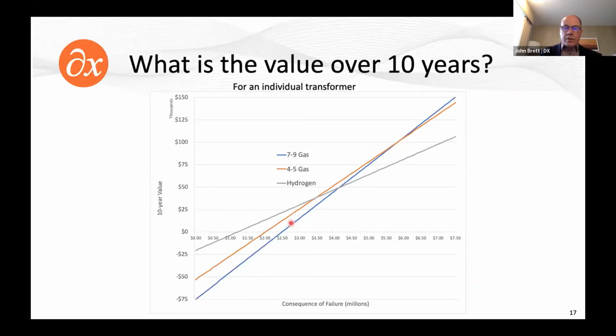The multi-gas monitors, the 4 to 5 gas and 7 gas, track fairly closely and rise together, but clearly the 7 to 9 gas makes a lot more sense. And the hydrogen monitor opens up a whole smaller class of transformers that it might make sense to deploy a hydrogen monitor on. And that's what you want to look at when you're looking at each individual transformer.